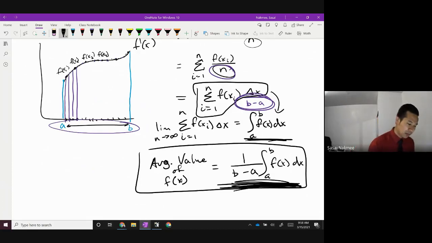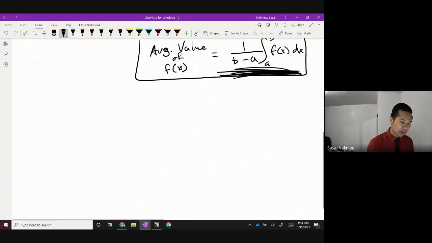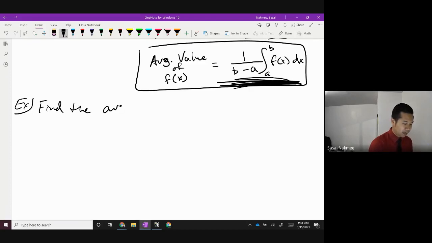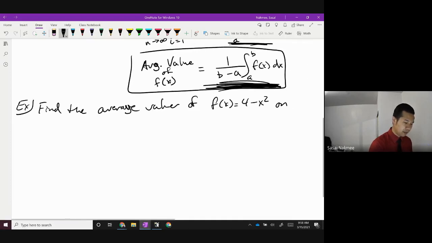Perfect. Let's do an example of this: how to use the average value of a function, or how to find the average value. So let's go ahead and do that real quick. The example here is going to be finding the average value of f of x equals 4 minus x squared on 0 to 3.